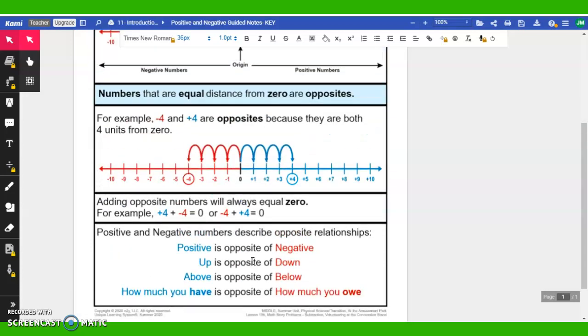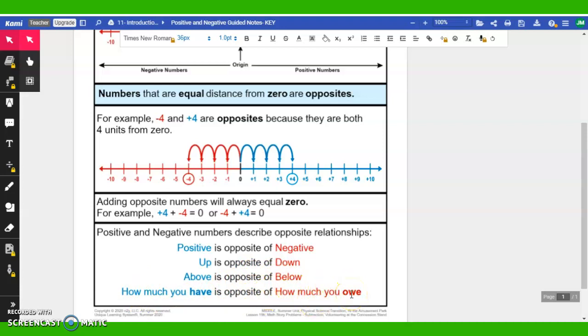And down at the bottom, we've got positive and negative numbers describe opposite relationships. So positive is the opposite of negative. Up is the opposite of down. Above is the opposite of below. And how much you have is the opposite of how much you owe.